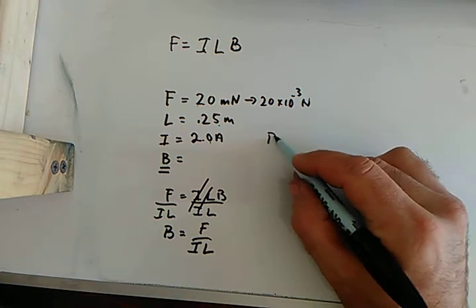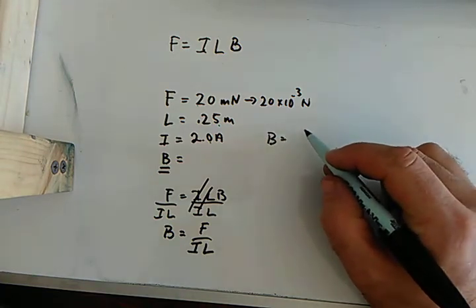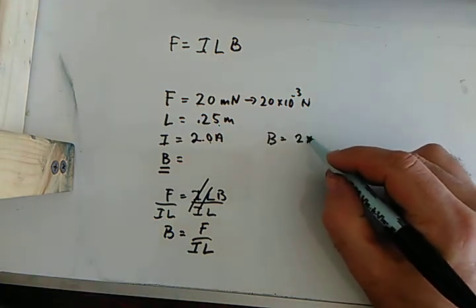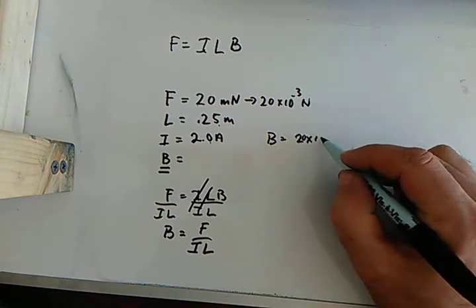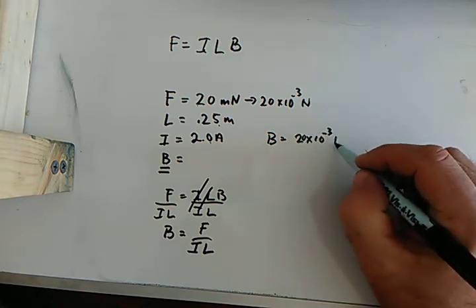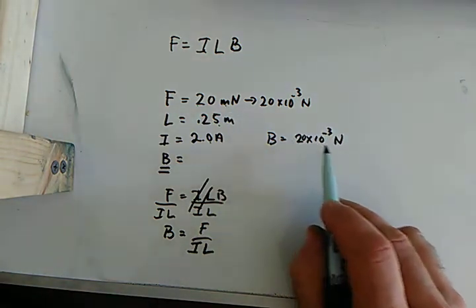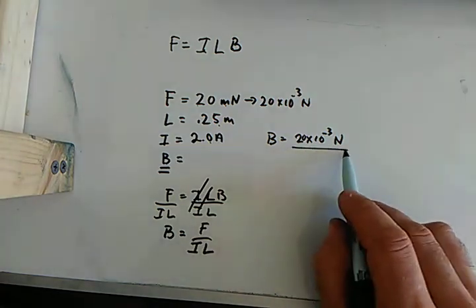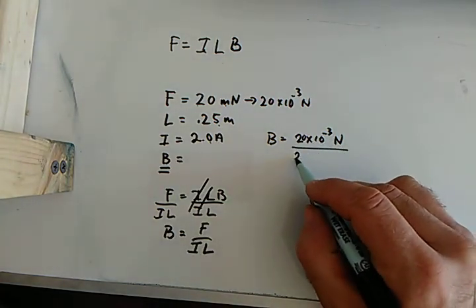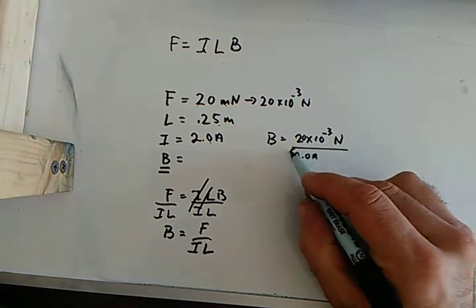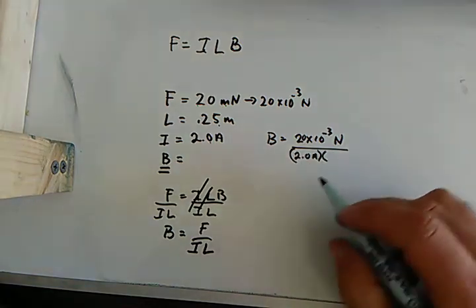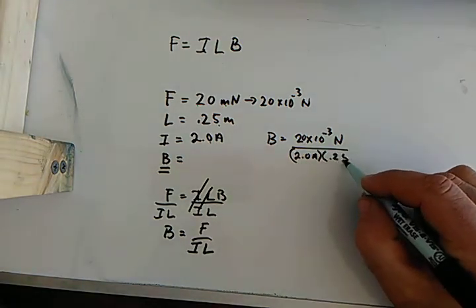B, or magnetic field, is equal to 20 times 10 to the negative third newtons, that's a millinewton, over I times 0.25.